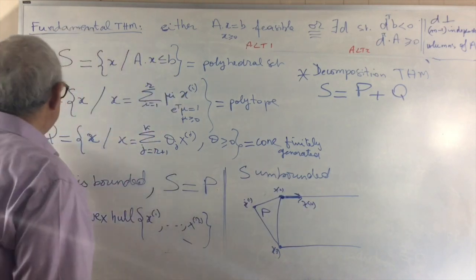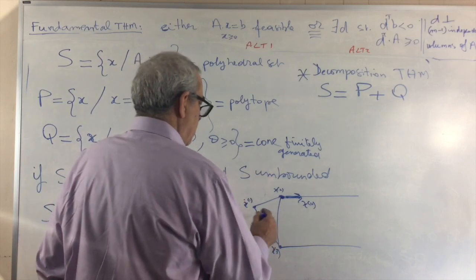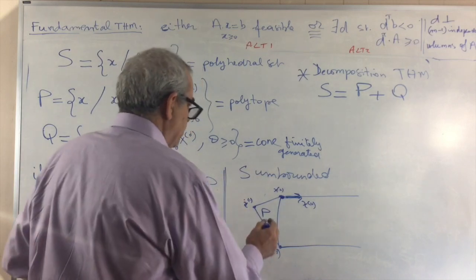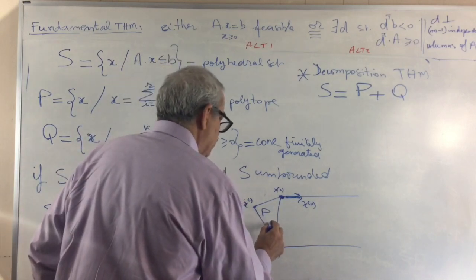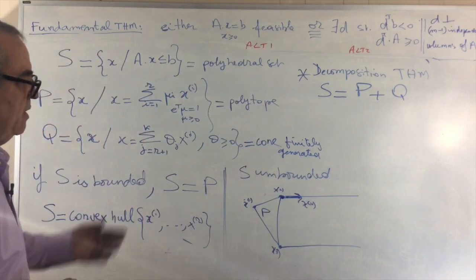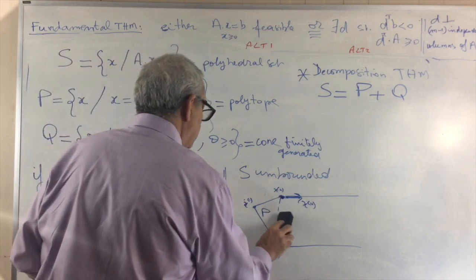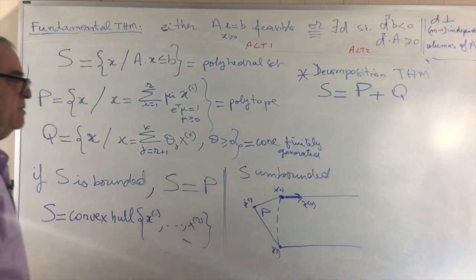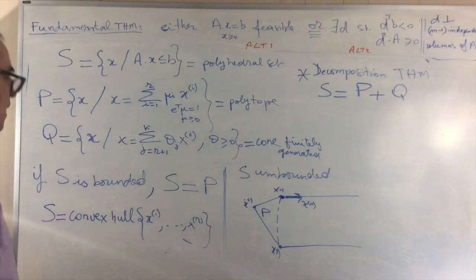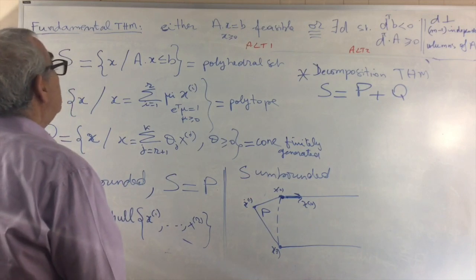In this case, my cone is just a single ray, so from any point in here, I could just go to infinity following that ray. This is the unbounded case.